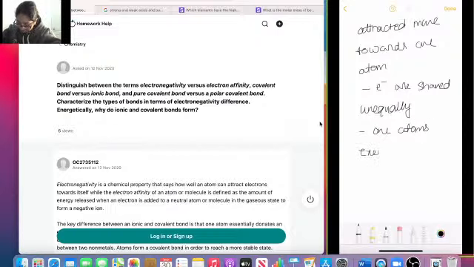exerts more force of attraction. So it tends to attract more of the electrons to itself.